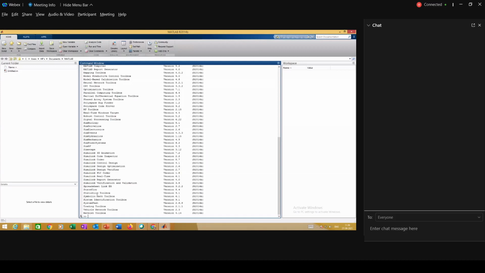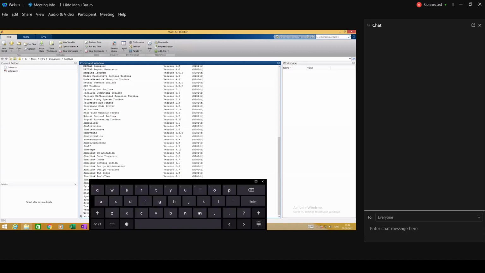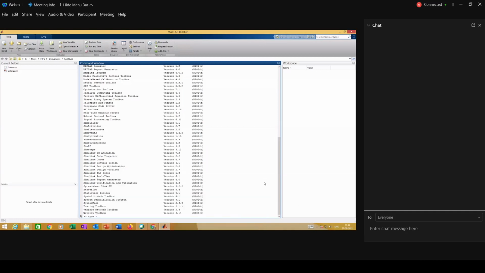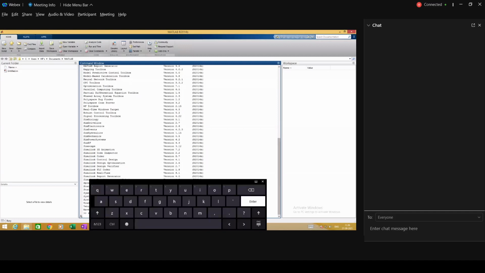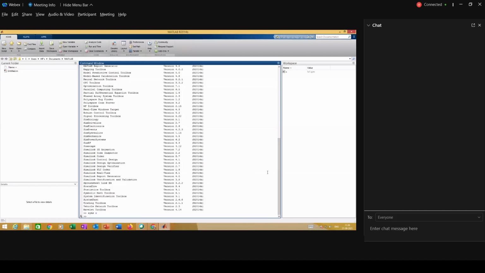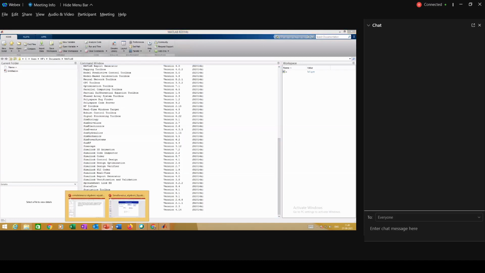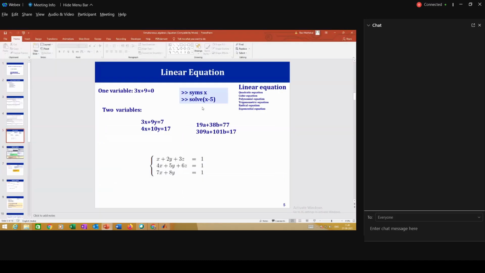So I'm going to type now syms x. Yeah, so it created the symbolic variable x. And now what I'm going to do is solve this. Solve x minus 5, that's a one variable equation.